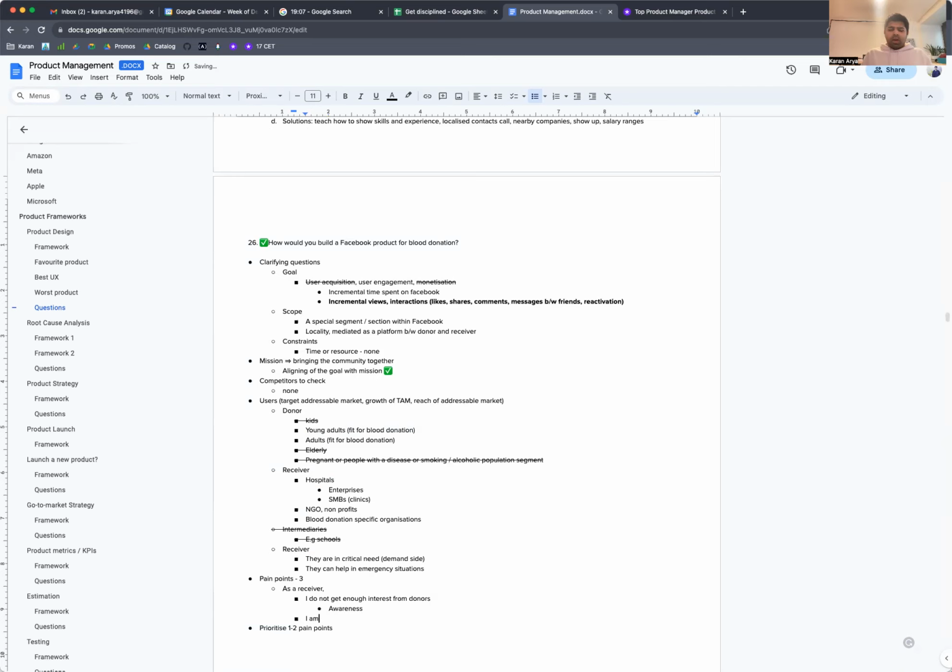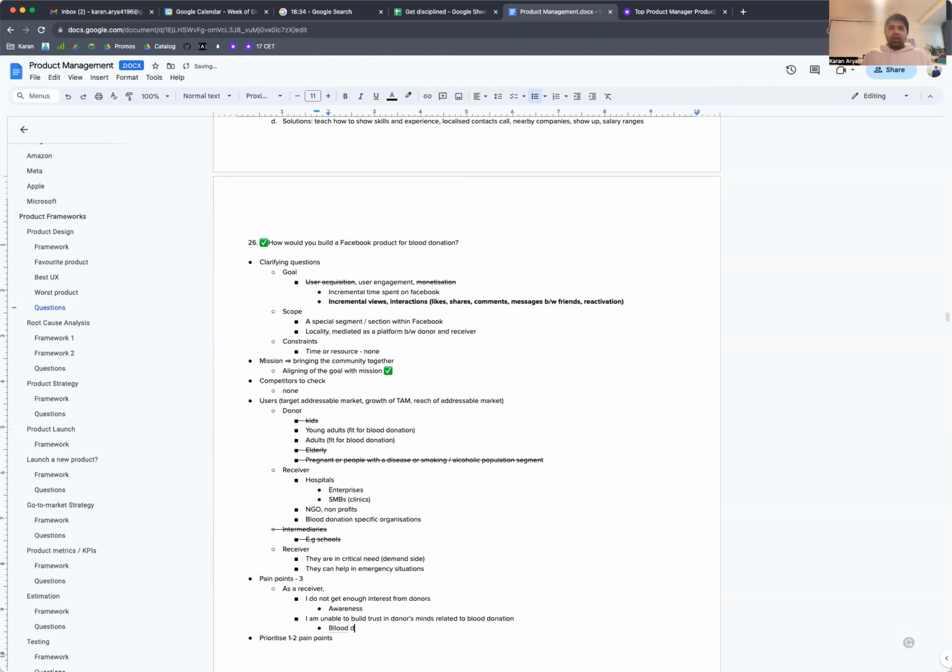The next problem would be I'm unable to build trust in donors' minds related to blood donation. Donors are usually hesitant about blood donation, so making them feel confident about blood donation as not being harmful to them is pretty important.